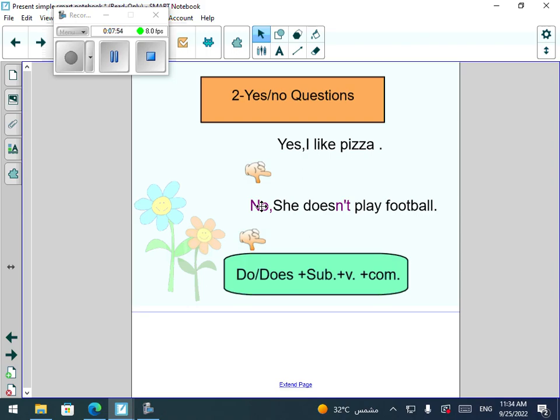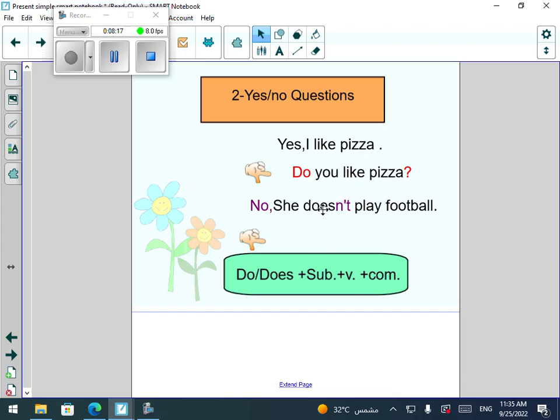So for example here, yes, I like pizza. I'm gonna say do or does. I should be changed in the question into you. So, do you like pizza? Look here. Do you? And then like the infinitive and then pizza.